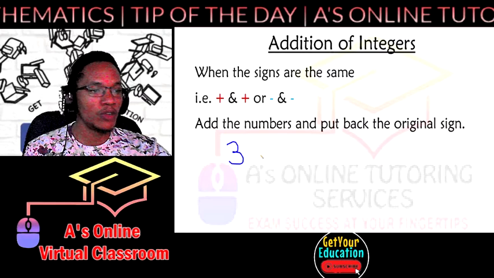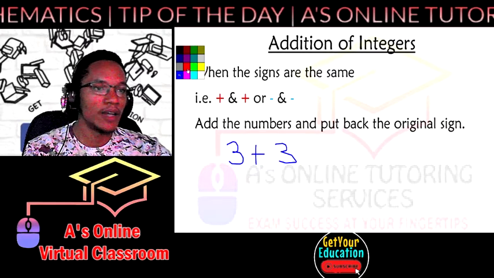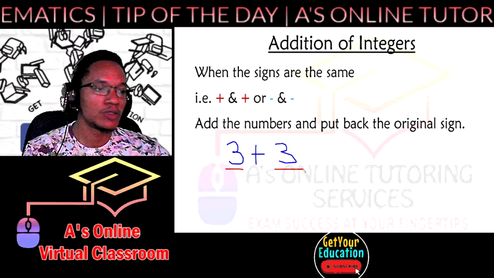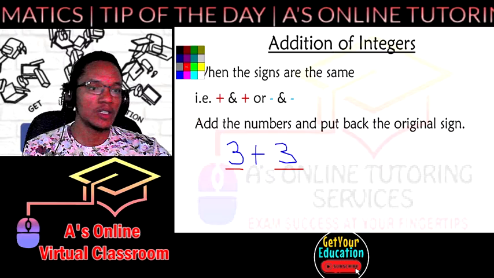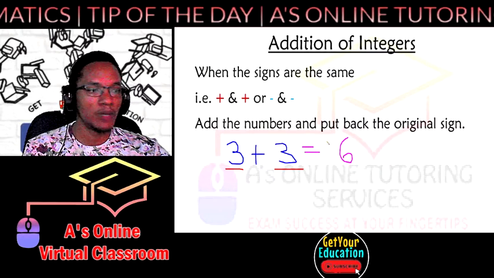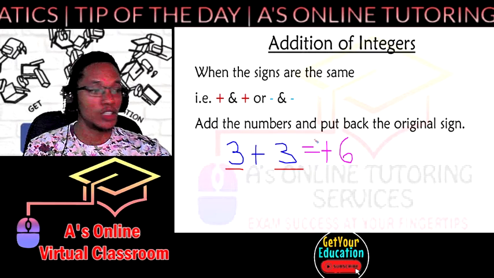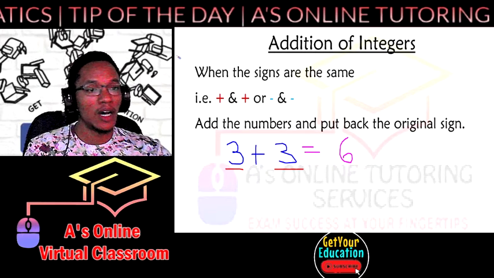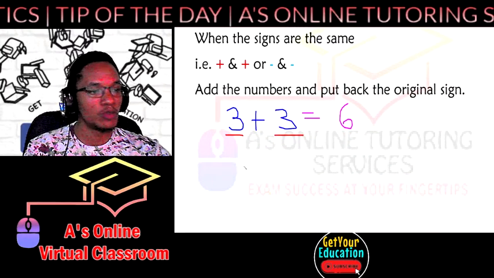For example, 3 plus 3. Here we are adding two positive integers. The signs are the same, so you add up the numbers: 3 plus 3 is 6, and you put back the original sign.